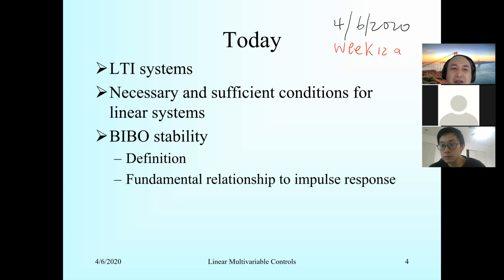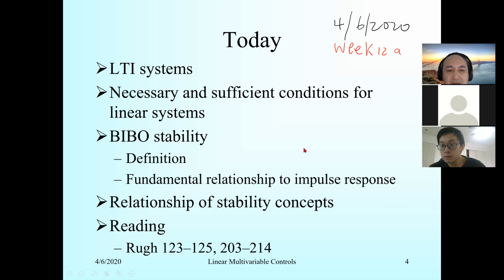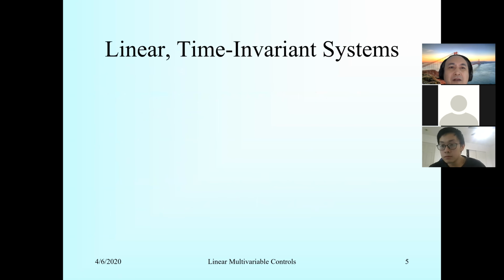We are going to go through BIBO stability and how it is linked to impulse response boundedness. Then in the end, we will connect all the stability concepts and the relationships between them. This is internal stability in the Rugh textbook. These are the reading pages.